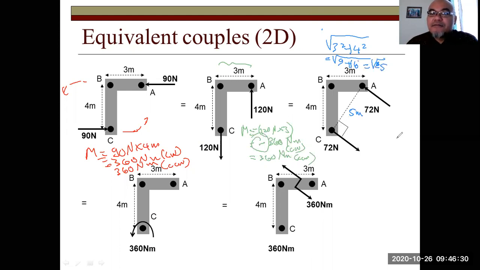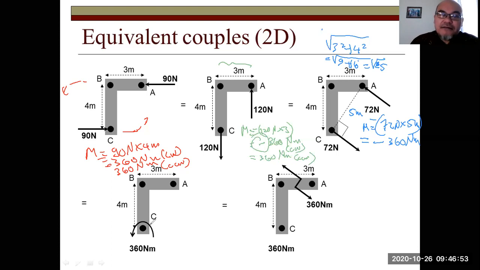This is 5 meters. So the moment caused by this couple equals 72 Newton multiplied by 5 meters. So equals negative 360 Newton meter also, because this also will turn the structure counterclockwise.